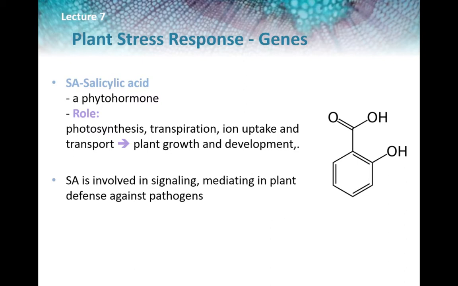Its effect on some of these processes may be indirect because SA alters the synthesis of and signaling by other plant hormones including jasmonic acid, ethylene, and auxin. In addition, SA functions as a key signal in regulating thermogenesis and disease resistance.